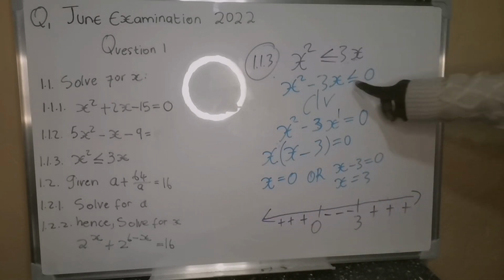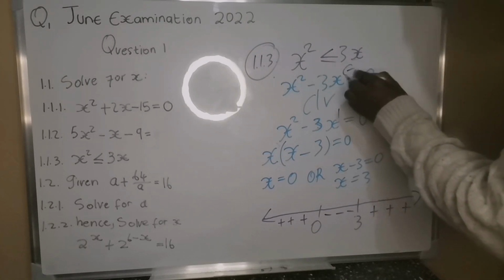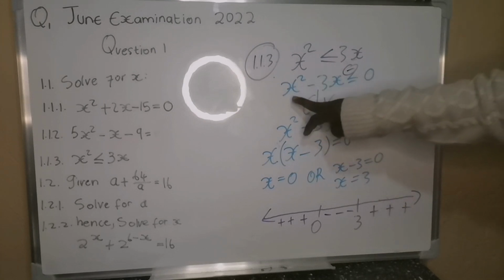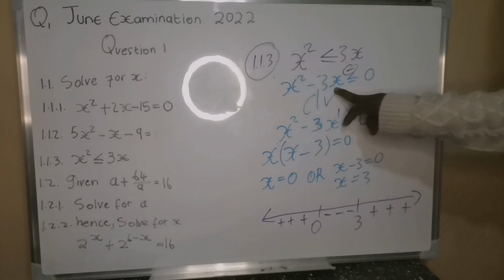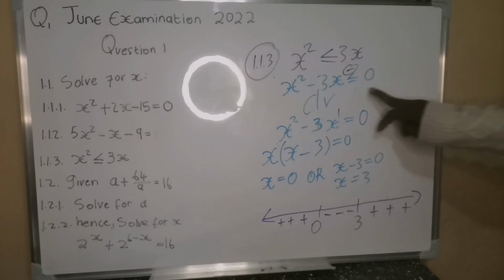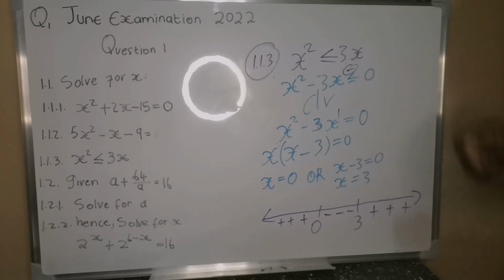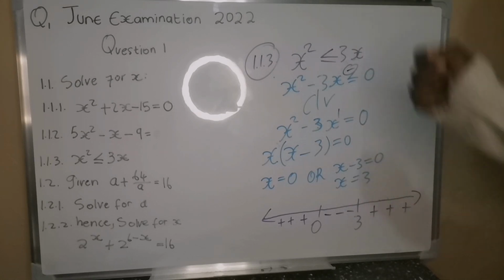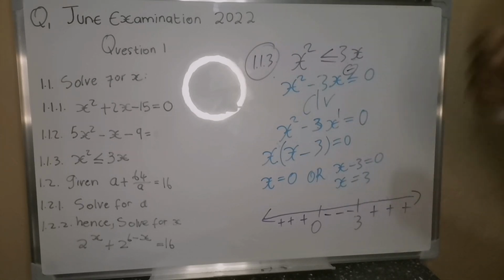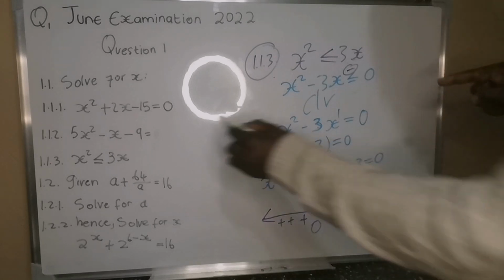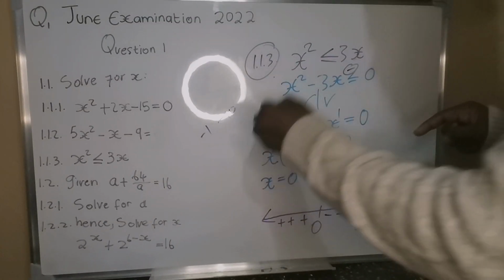Because we remember we said that our sign here is negative, since x squared minus 3x should be smaller than or equal to 0. Values that are smaller than 0 are negatives, like -1, -10, -20.